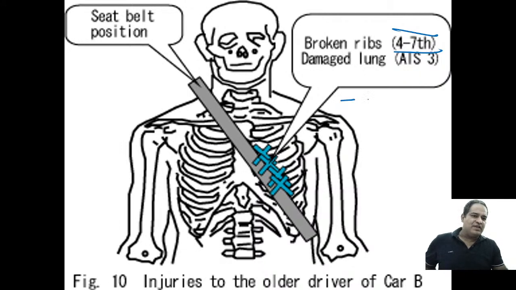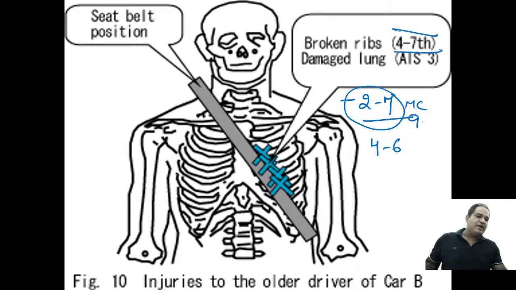Even otherwise, the most common rib fractures are second to seventh. 90% of rib fractures are from second to seventh. And of these, the 4th to 6th ribs are more commonly fractured.